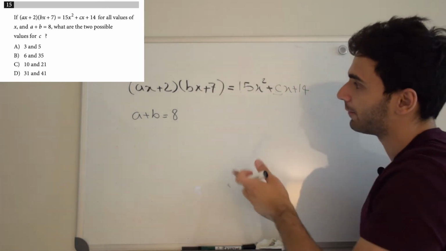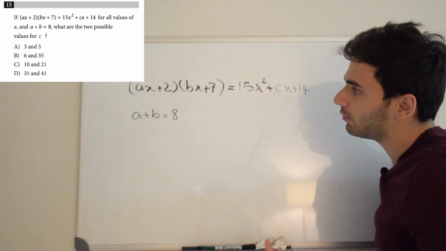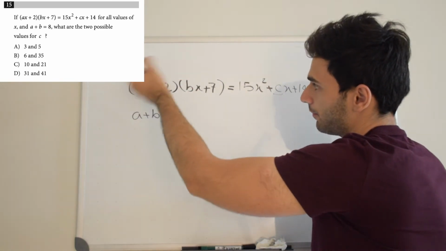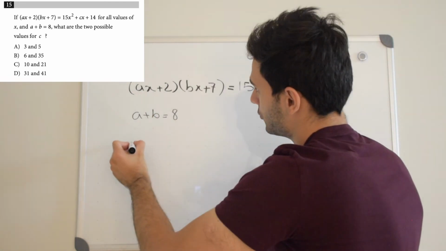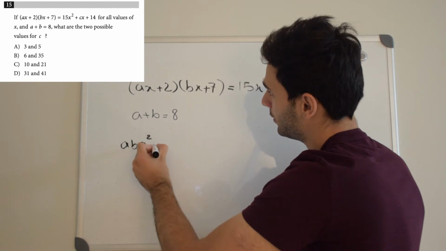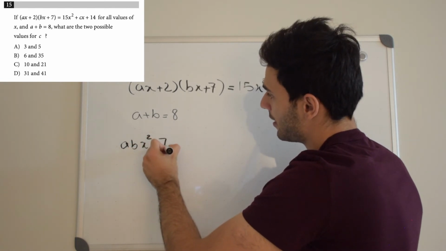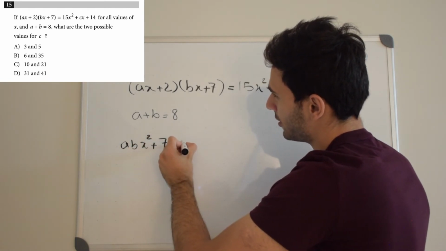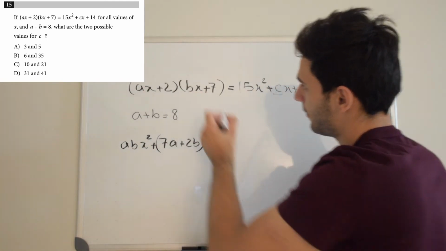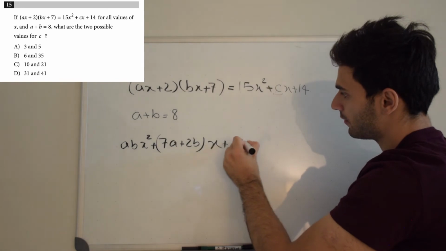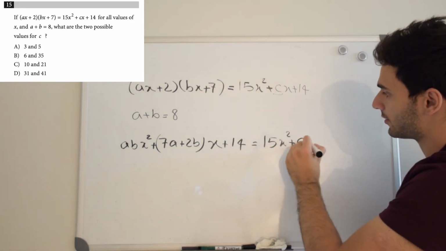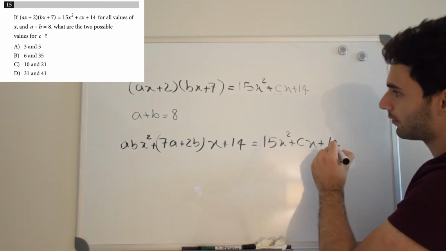The first thing we can do is to just open this up, multiply, distribute it, right? So I end up with abx squared plus (7a plus 2b)x plus 14 equals 15x squared plus cx plus 14.